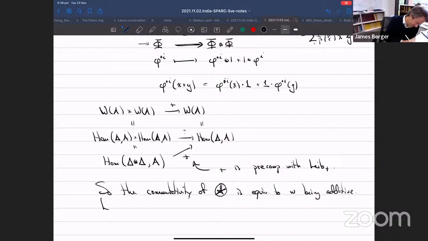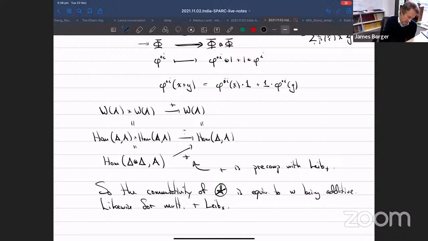And likewise for multiplicative, but now we need the Leibniz rule for times.